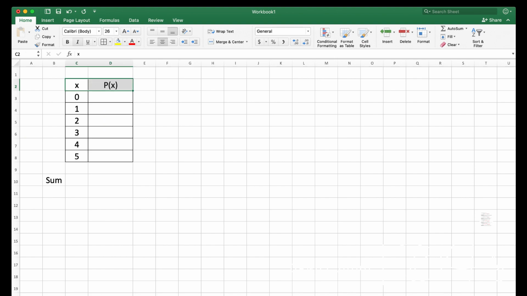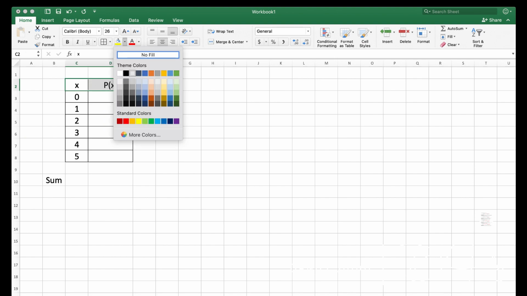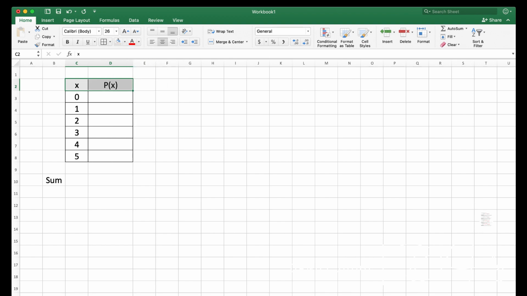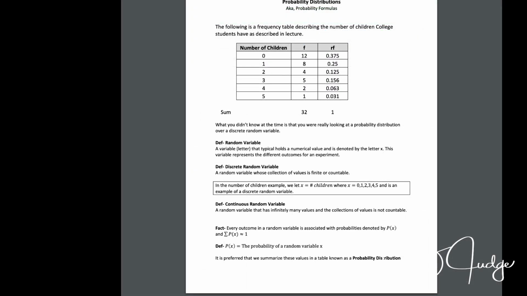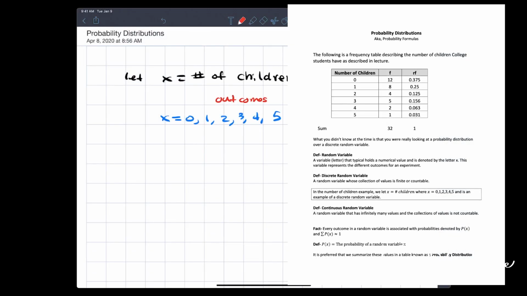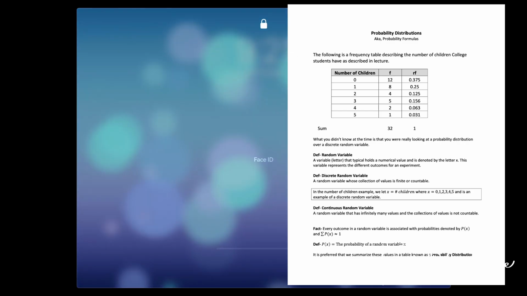If we go to the original, let's go to the iPad. You have here in the iPad other columns, right?